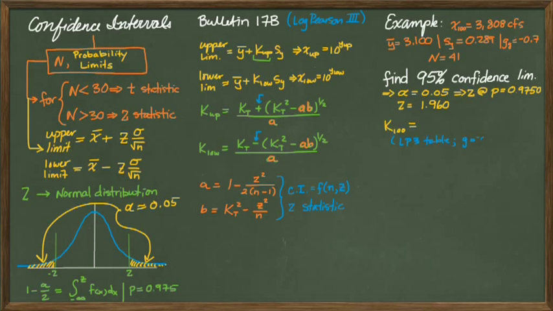So we go back to the log Pearson 3 table, we look up the skew as at negative 0.7, and we try to find where the probability is 0.01. So we find the k statistic that corresponds to a skew of negative 0.7 and a probability of 0.01. That would give us the 100-year k statistic.